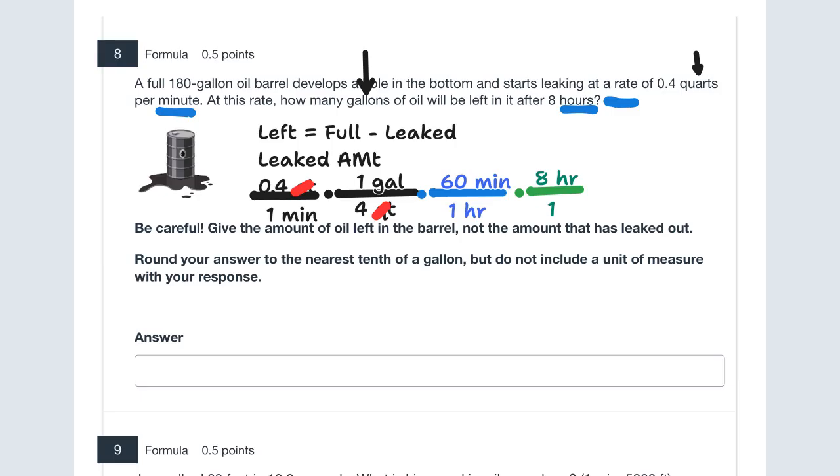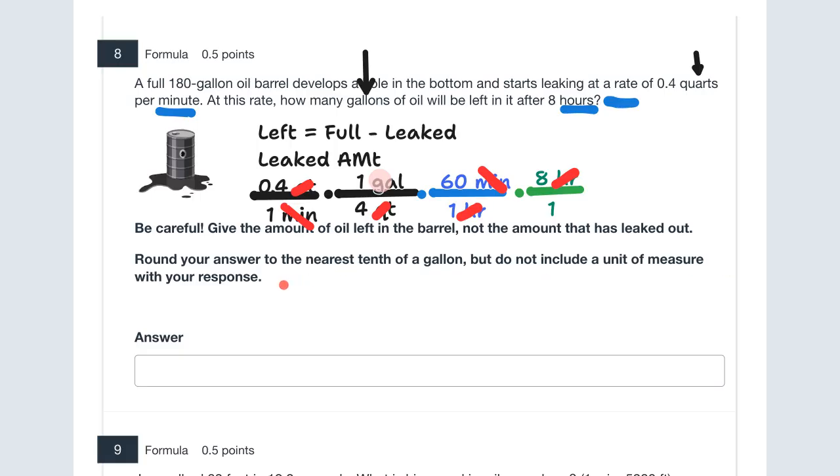No unit associated with that, it's just the number 1. So what cancels now? Now I'm just analyzing the dimensions, right? So the hours are gone. We already saw the quarts go earlier. The minutes are gone. And I'm going to be left with gallons. That's going to tell me how many gallons leaked out.